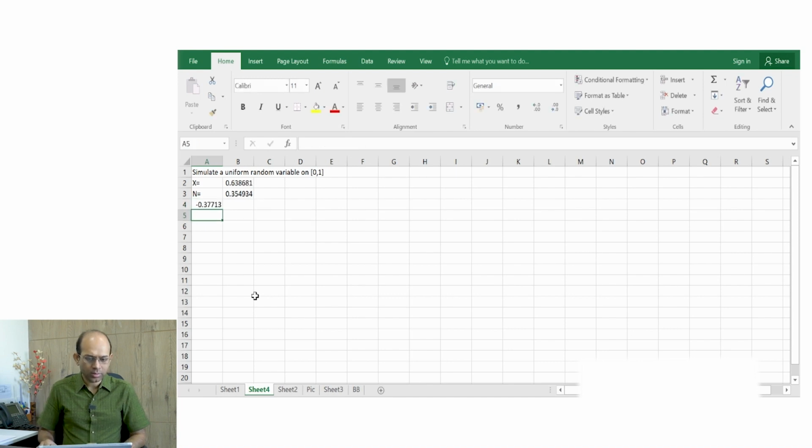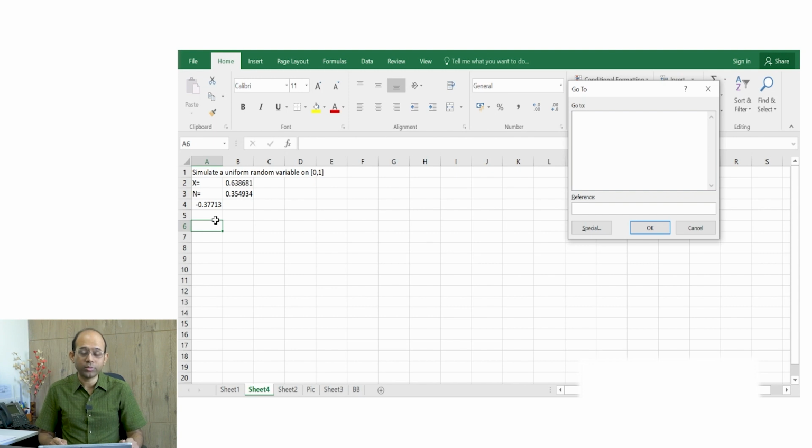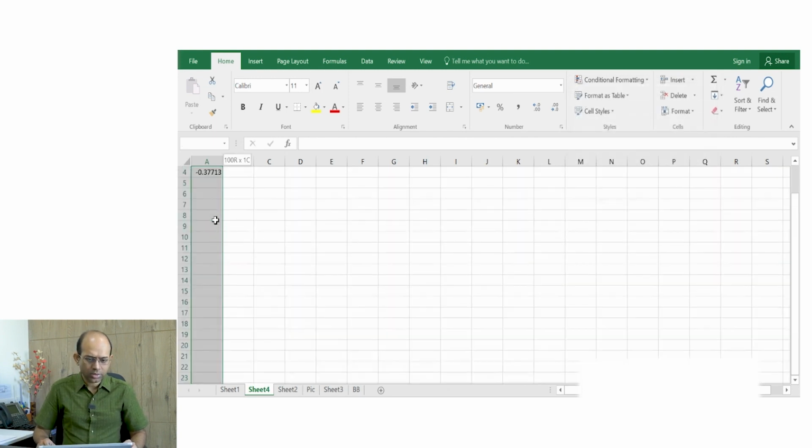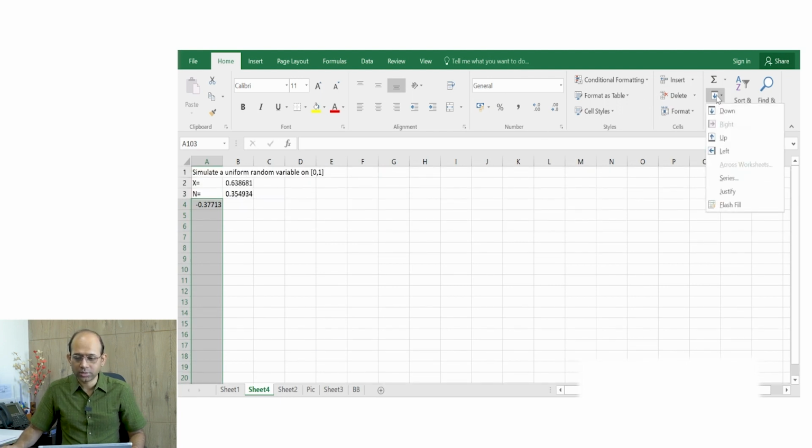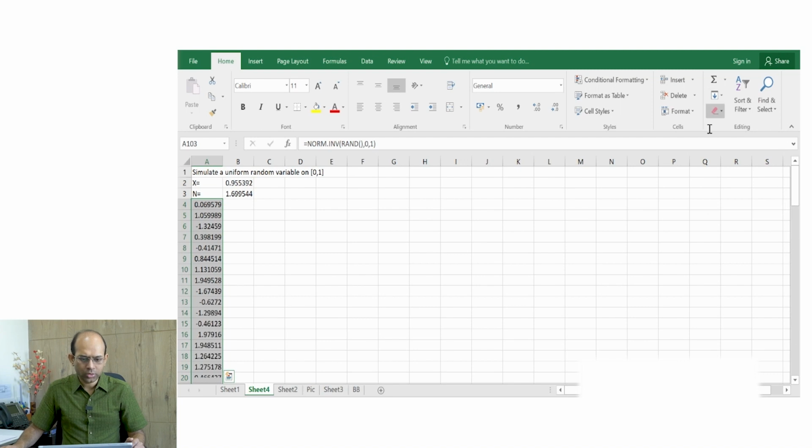So we are getting some number, and then I drag it for 100 such things. It is coming from A4 to A103, and from here to here I select, and then copy this formula down. So we now have 100 different realizations of a normal random variable with mean 0 and variance 1.